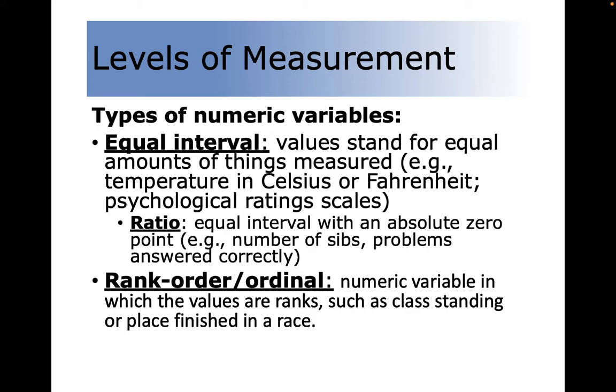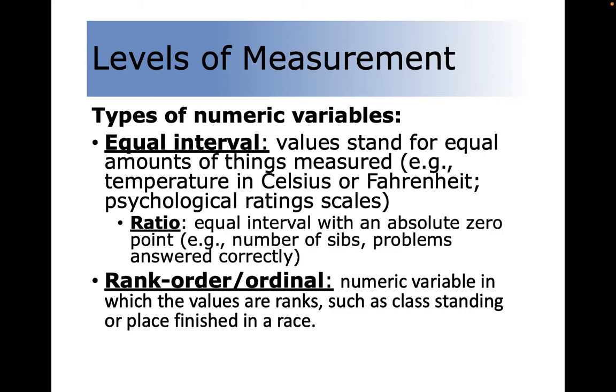There are several kinds of numeric variables, so we can make further distinctions between types of numeric variables. In psychology, the most important distinction is between two types: equal interval variables and rank order variables. With an equal interval variable, the values of the variable stand for equal amounts of things being measured.